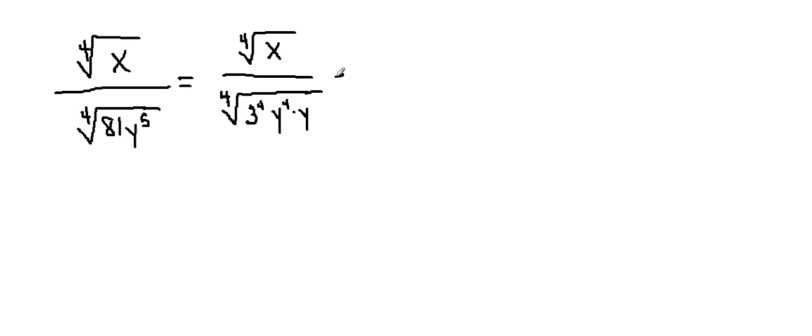And then continue to simplify this by writing the fourth root of x as the numerator. That doesn't change. And then down here I've got 3 to the fourth power, so the fourth root of 3 to the fourth power is 3. That comes out front. The fourth root of y to the fourth is y.